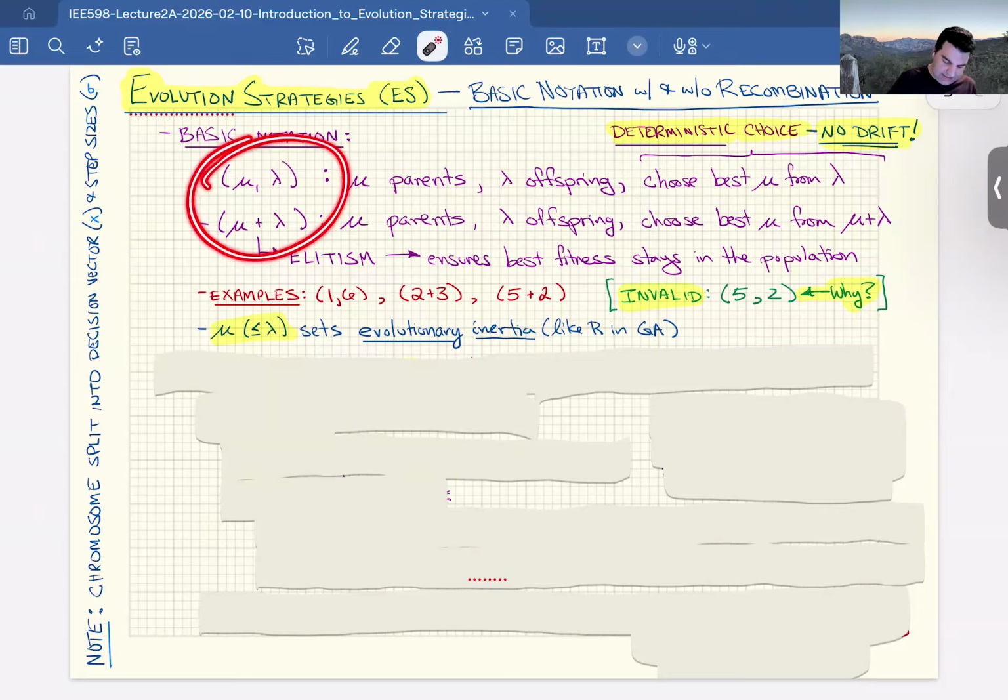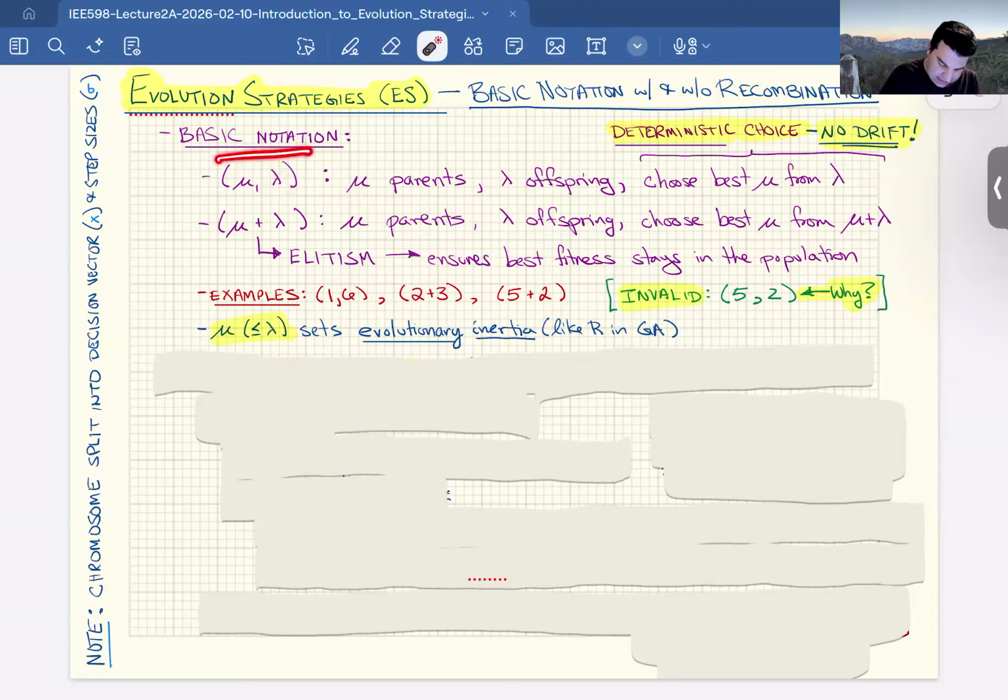So these are the two basic forms that we start out with the ES. And so this mu, you can think of a little bit like in our GA notation. This is a little bit like R comma M, where R is the number of parents and M is like the population size. And it just happens to be convention that we use mu as representative of the number of parents and lambda as representative of the number of offspring.